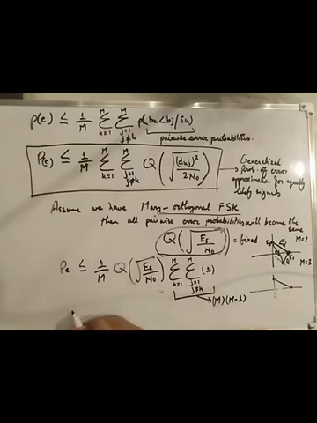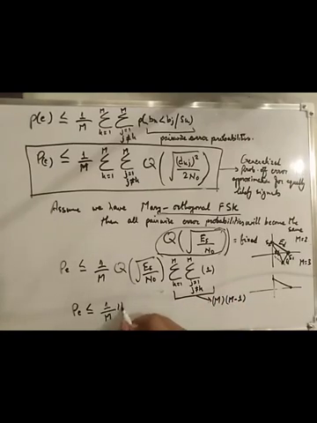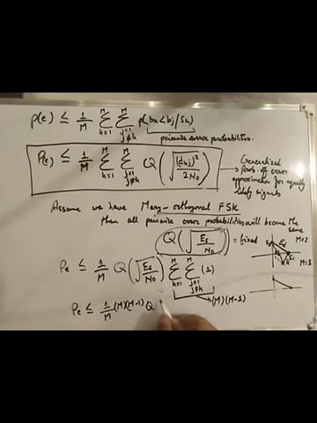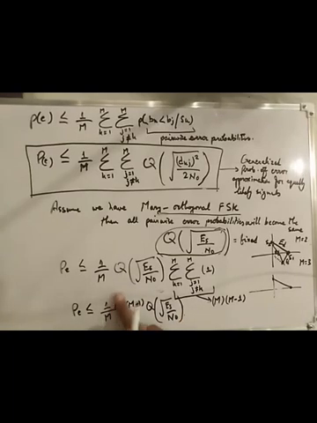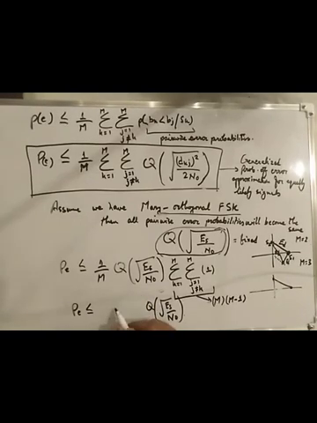So in short, the probability of error for orthogonal signaling takes an even more simplified form: 1 over M times M minus 1 times Q of square root E_S over N naught. The M in the denominator gets cancelled with the M in the numerator, and you end up getting M minus 1 times Q of square root E_S over N naught.